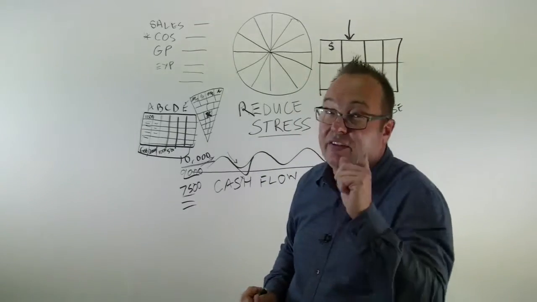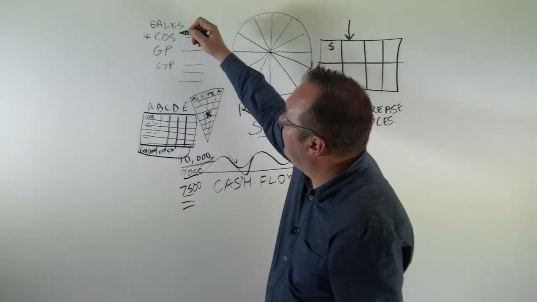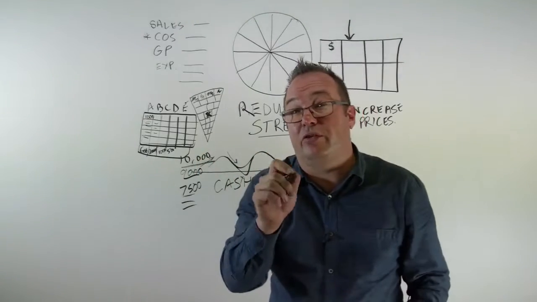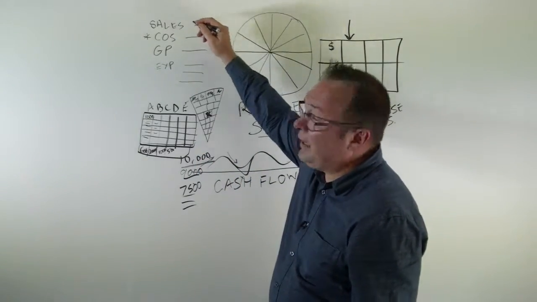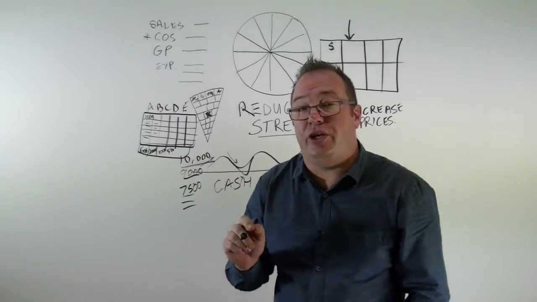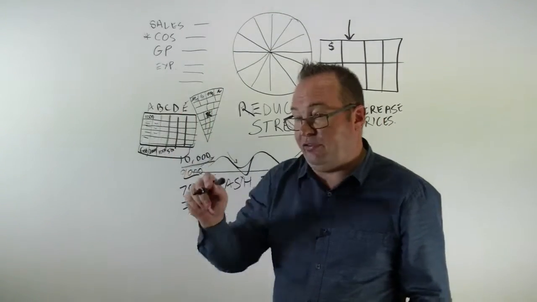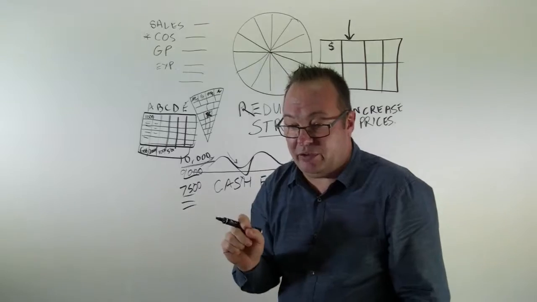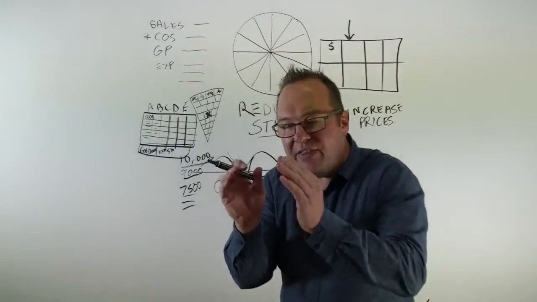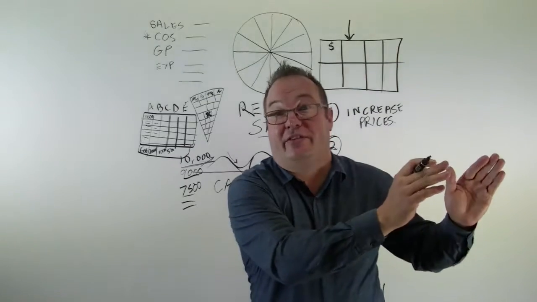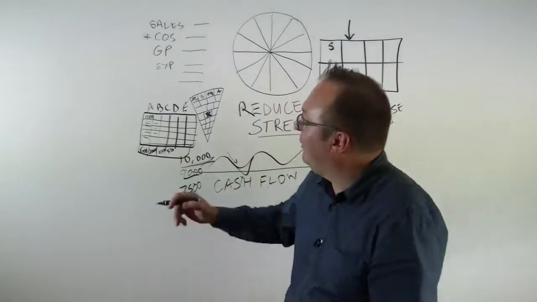Now, this is the other secret about this lever, the cost of sales lever. When you manipulate the revenue lever, what do you do? You improve your sales. You increase your sales. Well, when you increase your sales, you share that money with your suppliers, okay?